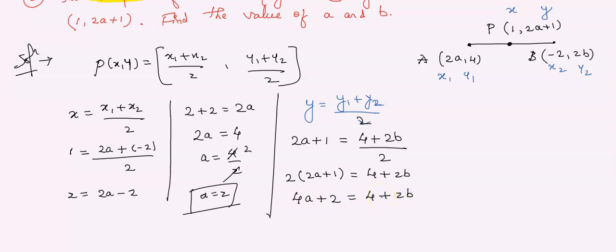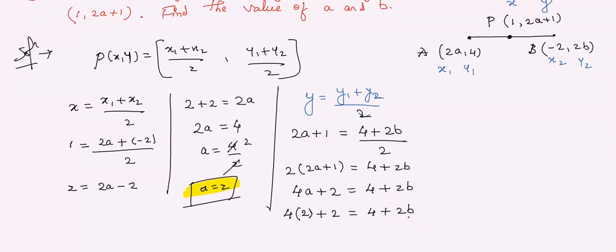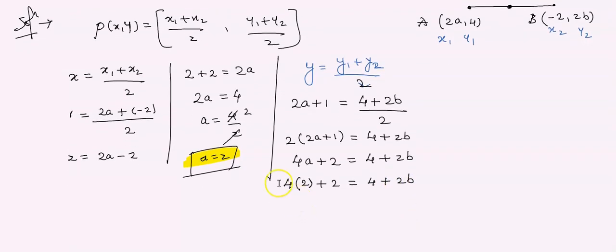Got it? Now very simple. 4 into a. What is the value of a? Just now we found the value of a is 2. Can you see this? Yes. The value of a is 2, so 4 2s are 8, plus 2 is equals to 4 plus 2b. 8 plus 2 is 10 is equals to 4 plus 2b.